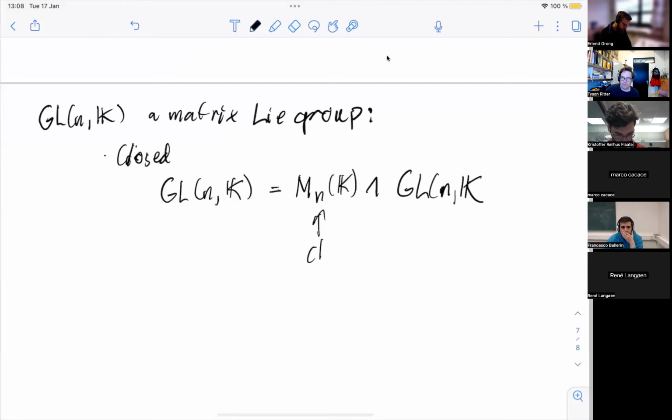And this is closed in itself. If I include the whole space, there's no way a limit can escape.